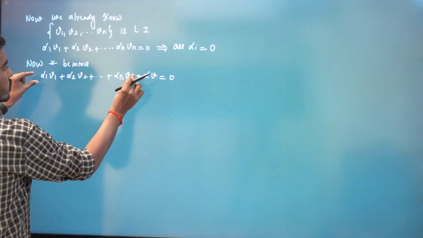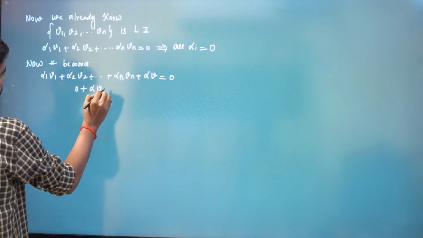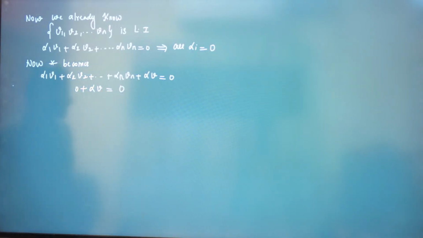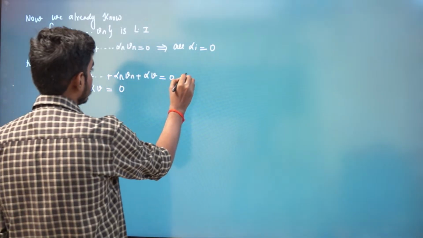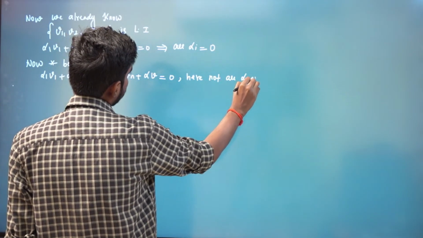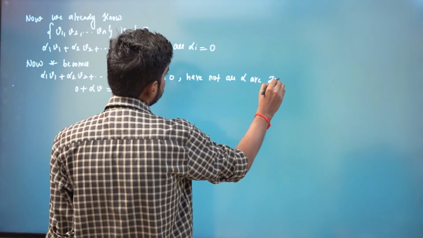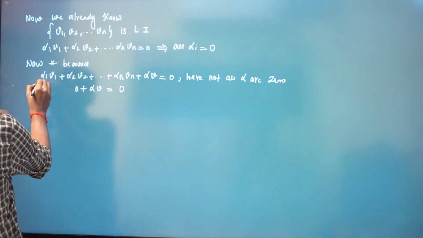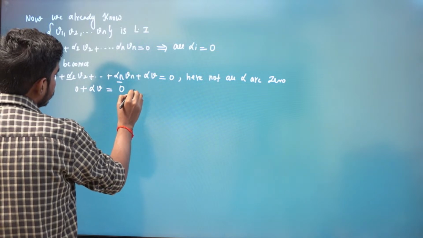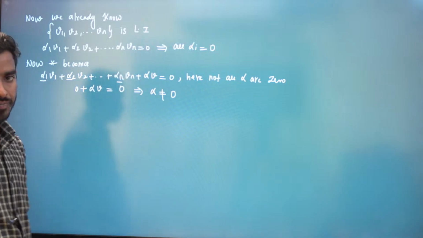So this part is 0, and we have 0 plus alpha v is equal to 0, right? Here not all alphas are 0, and all these alphas are 0, so that means this implies alpha is not equal to 0. Yes or no?